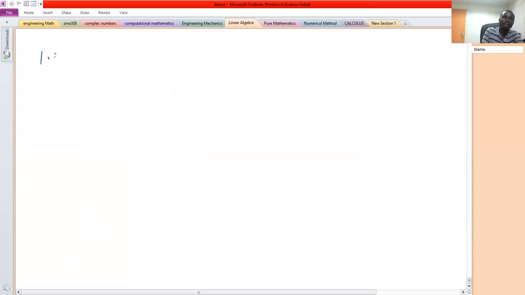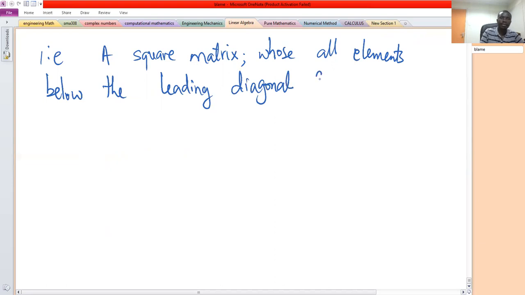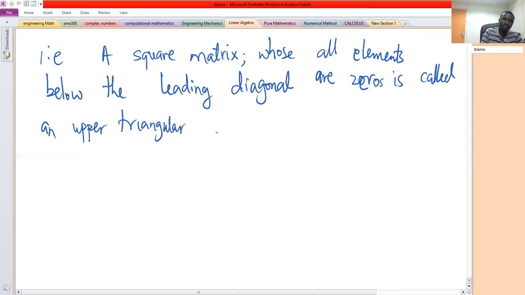I.e., we say that a square matrix whose elements below the leading diagonal are 0 is called an upper triangular matrix.